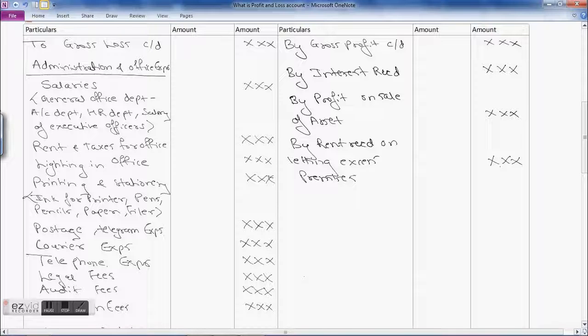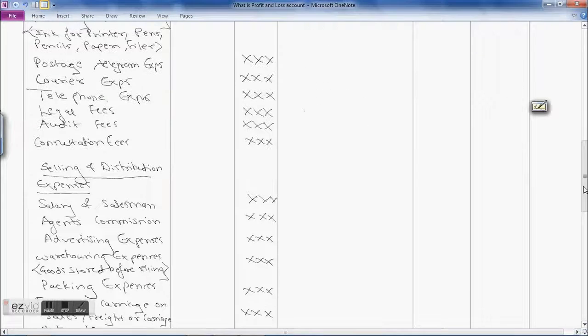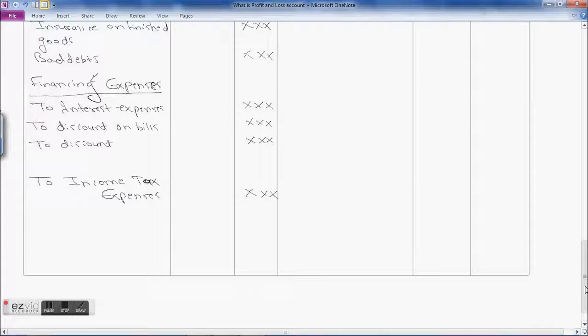So there may be some more other indirect incomes which can be included on the credit side of the profit and loss account. Now once this is done, you calculate the total. When the credit side total is more than the debit side, you have net profit. Now this net profit is before appropriation.